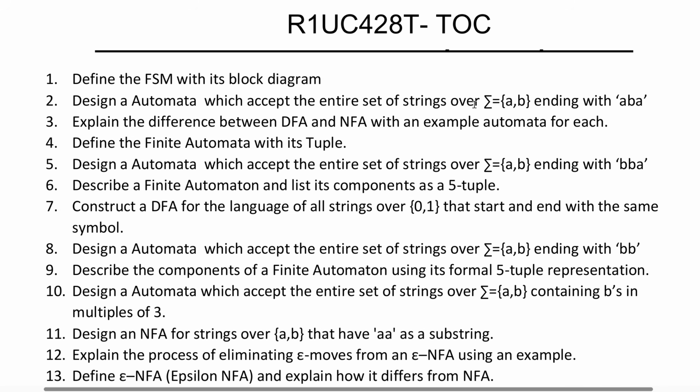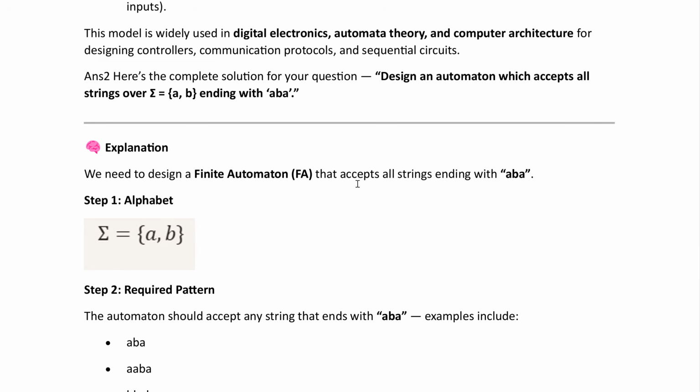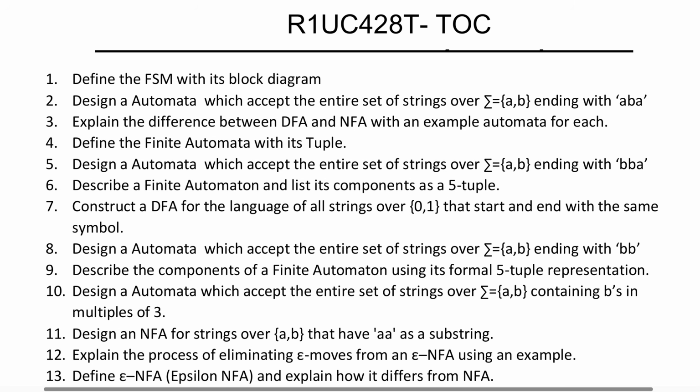Design an automata which accepts the entire set of strings over sigma equal to {a, b}, the input symbols A and B, ending with the string ABA. So we need to design a finite automata that accepts all the strings ending in ABA.